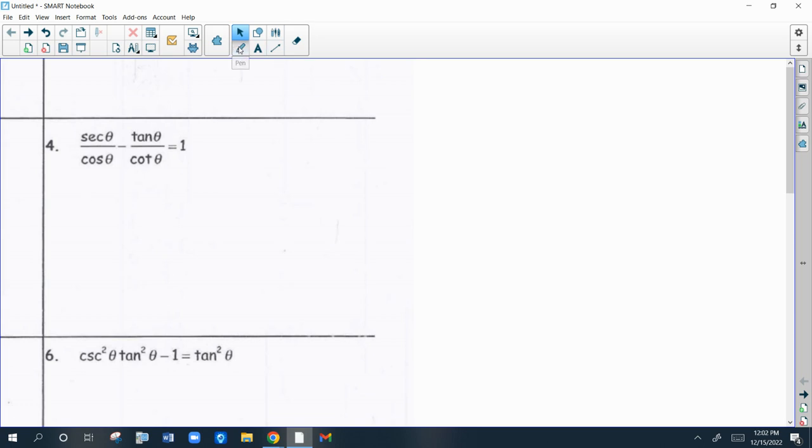Obviously, I'm not going to get 1 to look like this, so I'm going to make the left-hand side look like 1. So first of all, I'm going to change to sines and cosines, just because that's what I like to do, especially if I have no other idea of what I should be doing.